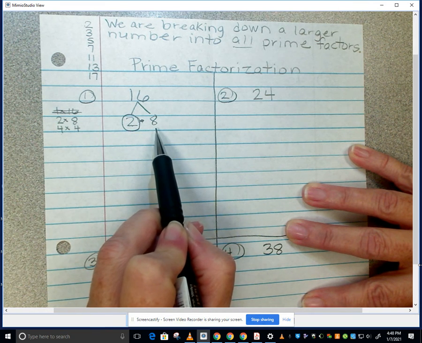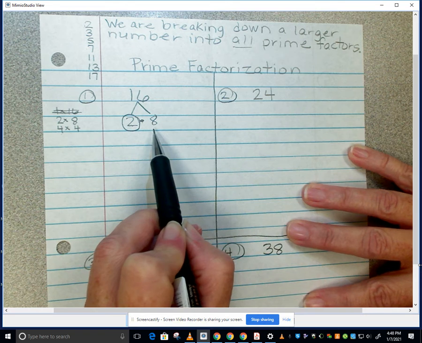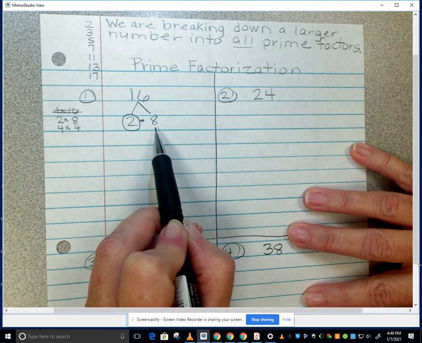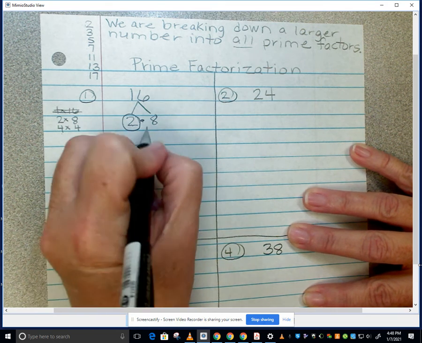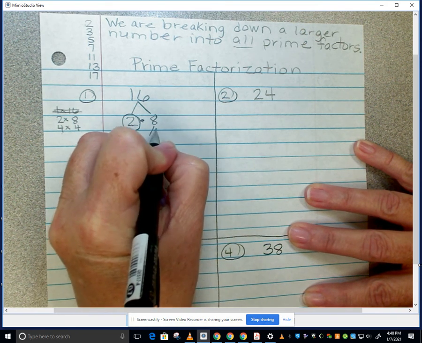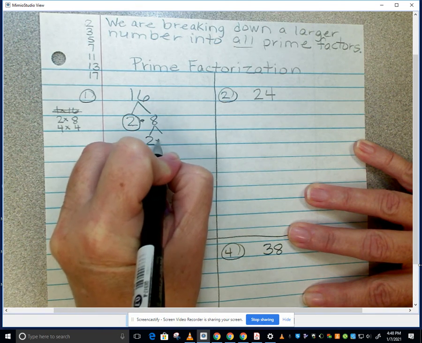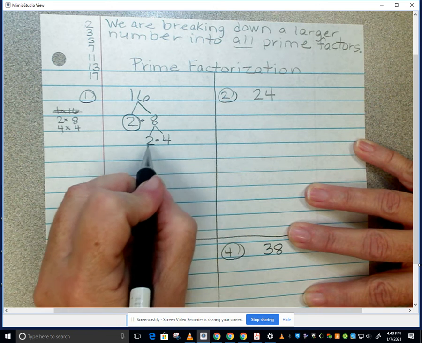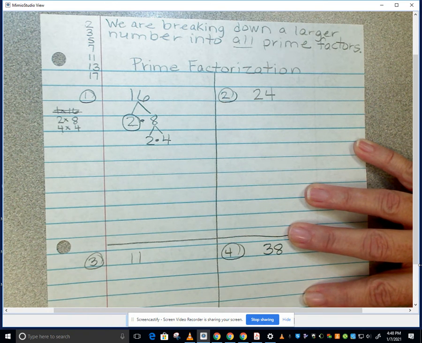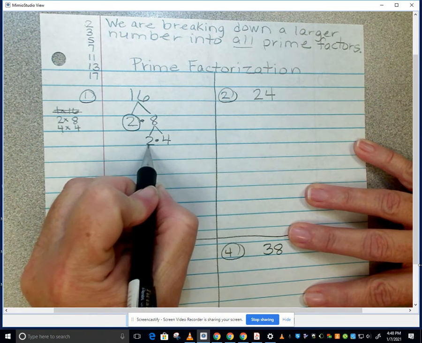8 is what's called composite. There are other ways to get 8 besides 1 times 8. I could say 2 times 4, and that's what I want to use here. So I'll do a branch, and I'll do 2 times 4. Then I have to ask myself the question again, looking at prime and composite. What about 2?